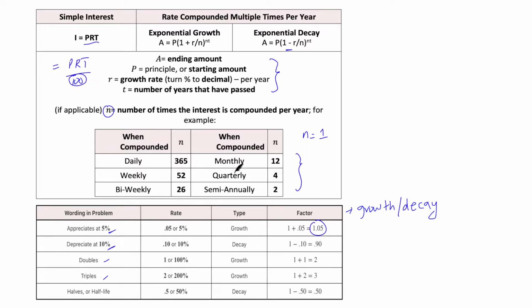So what exactly is the growth or decay factor? The growth or decay factor is the actual factor after the rate is converted into a decimal and added or subtracted from 1. This is important. Let me give you an example. So let's say if I say that the amount basically triples. This is a random example that I've come up with. What do I mean by that?